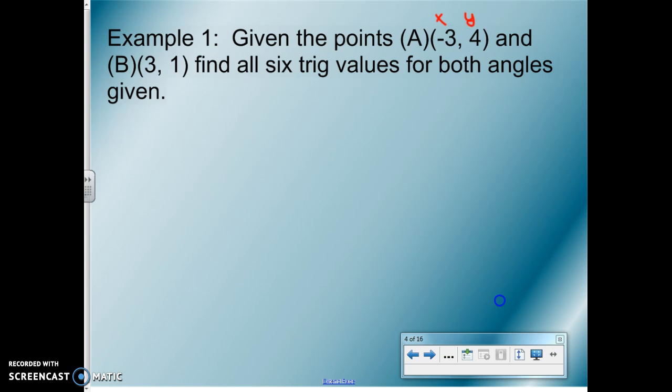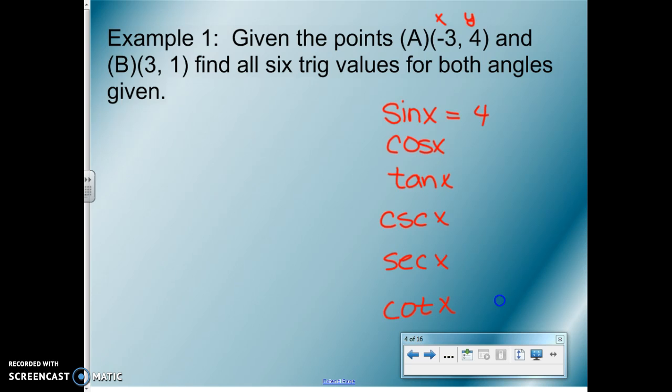But if I don't want to, and I just want to use the shortcuts that we had, I'd have sine of x, cosine of x, tangent of x, cosecant, secant, cotangent. All right, now sine is y, so sine is going to be 4. Cosine is going to be -3.